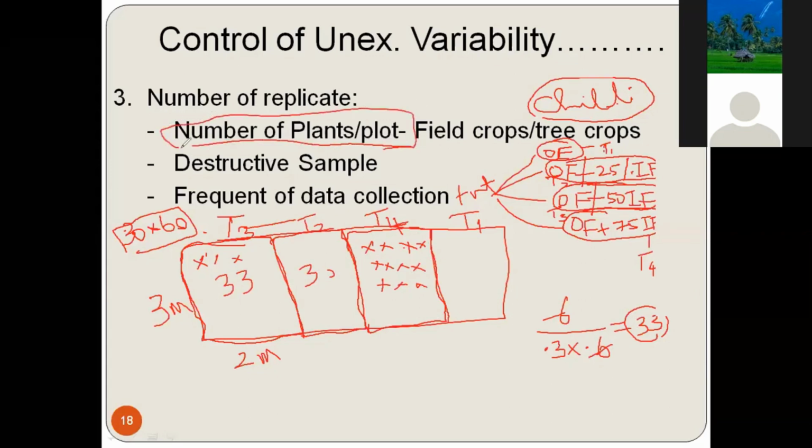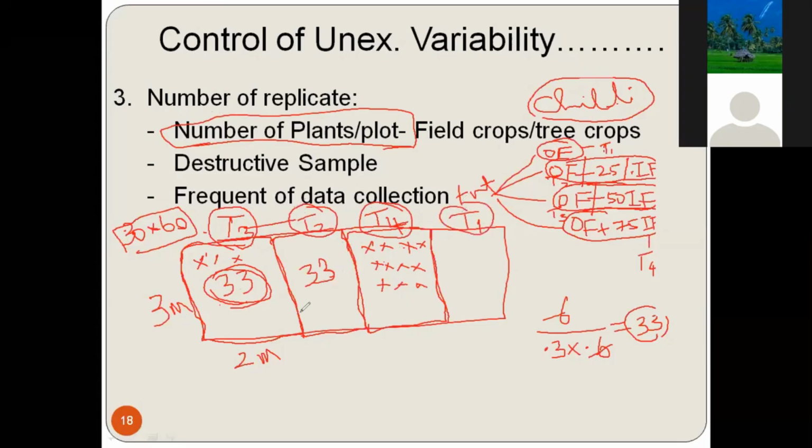This is what our concern is. How many plants per plot? 33 plants per plot, isn't it? So these 33 plants in this plot will receive T3. This 33 will receive T2. This 33 will receive T4 and this 33 will receive T1.